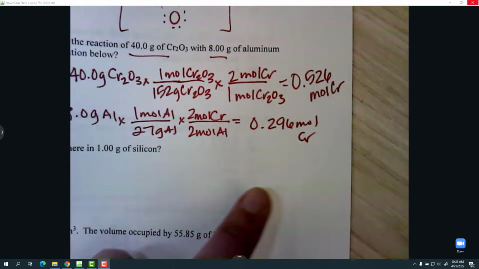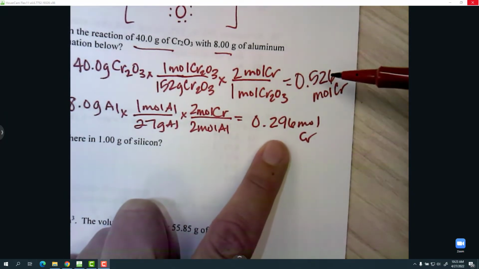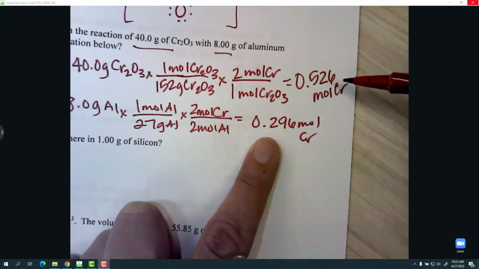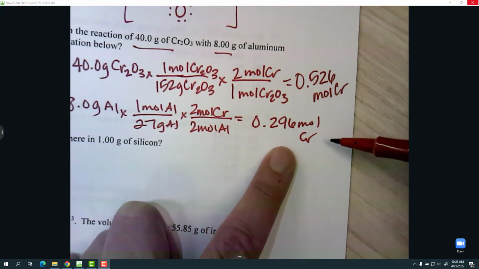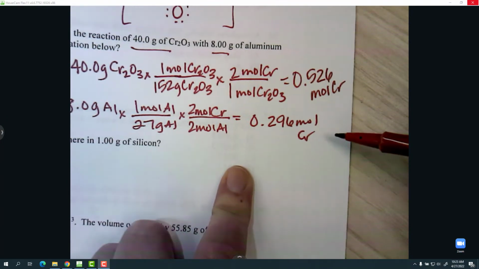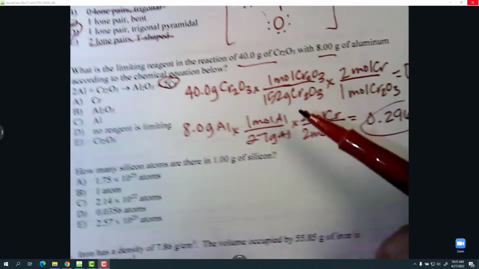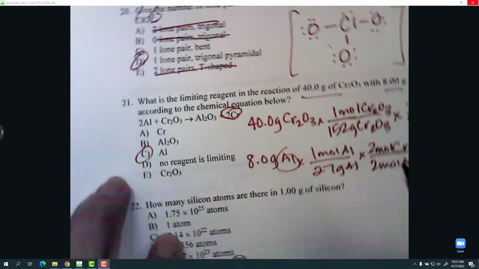And I got 0.296. Okay, so if I use up all the chromium oxide, I could make 0.526 moles of chromium. If I use up all the aluminum, I could make 0.296 moles of chromium. So that's all I can make. I will run out of aluminum first.